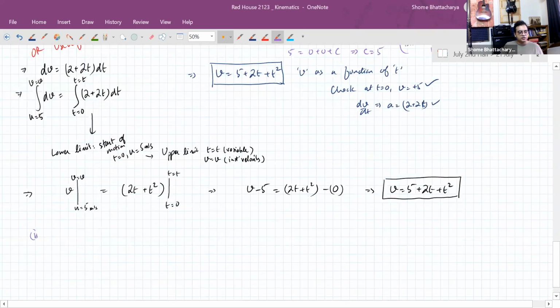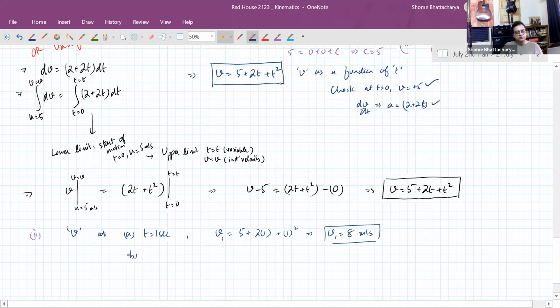Now we want to find the velocity at a particular instant. We want to find v at t equal to 1 second. Let's say that is v1. In this you substitute the value of t as 1. So that becomes equal to 8 meters per second.